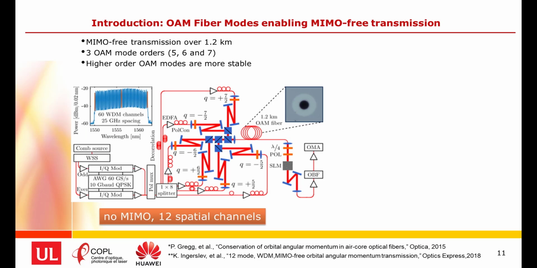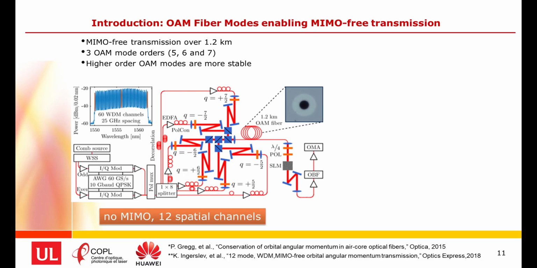So I'll start by saying that there have been demonstrations of MIMO-free transmission over a kilometer length of high index contrast ring core fiber. In this case, it was an experiment with Ramachandran's group, and they exploited three OAM mode orders: 5, 6, and 7.